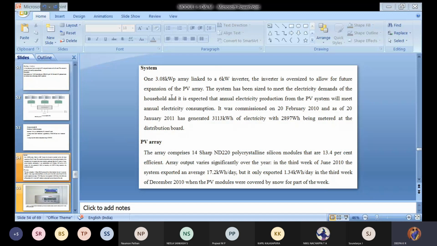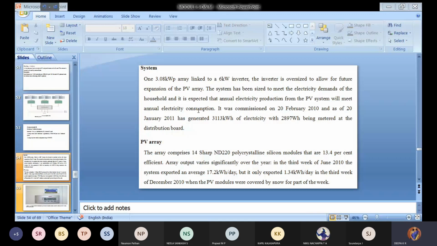As I said, household application has to be satisfied, and it is expected that annual electricity production from the PV system will meet annual electricity consumption, meaning how much we get from the KEB or MESCOM, BESCOM, whatever, in North Karnataka. So that much electricity should be produced from this installation.